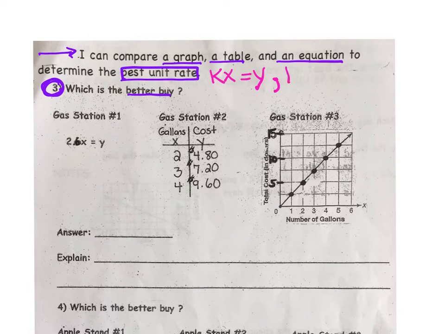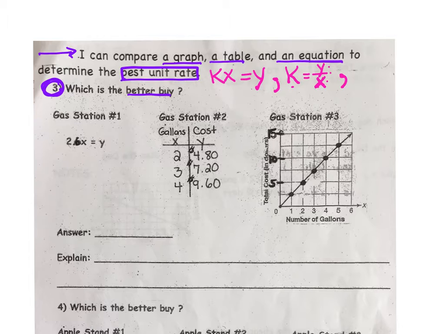Also, when we're calculating the k rate, we always take a y value and set it up in a ratio with its x value. The constant of proportionality is calculated by taking y divided by x.